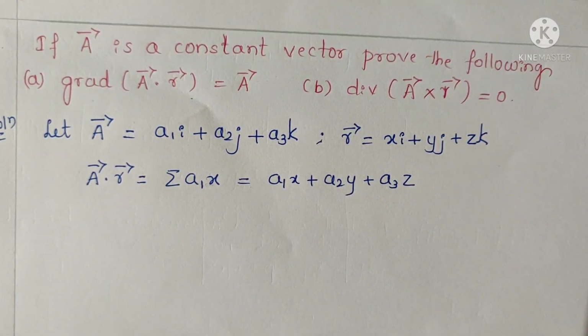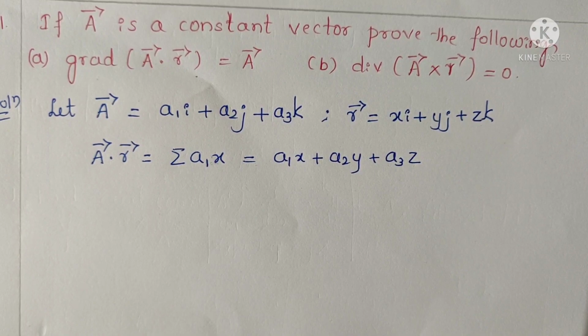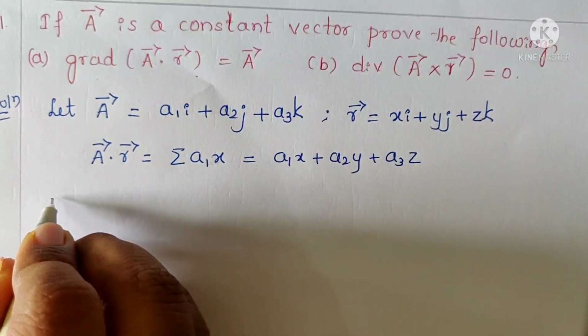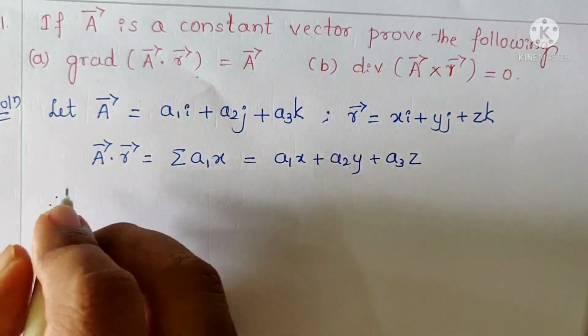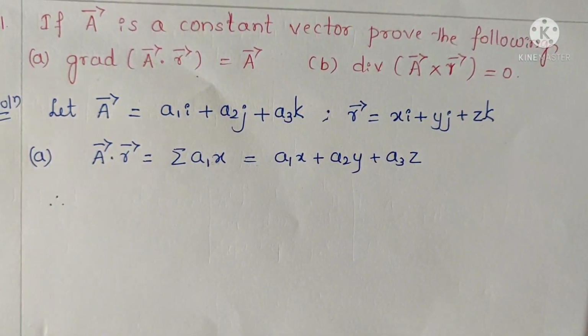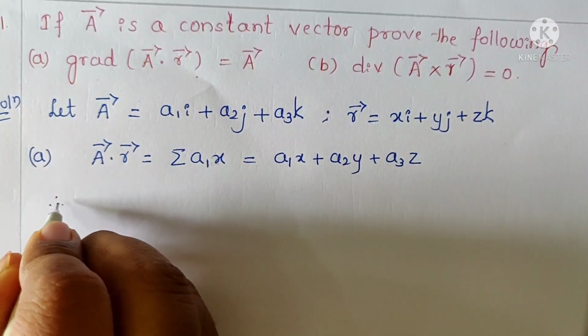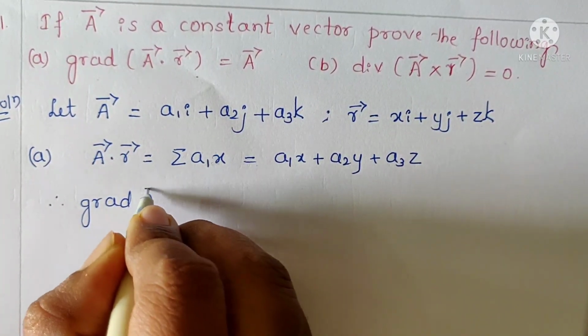Whenever you come across such examples, you can directly write the summation of A1x. Therefore, now this is the first example, part A. We solve the gradient of A dot R.